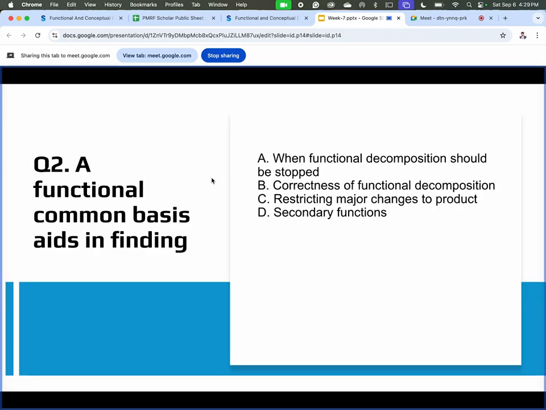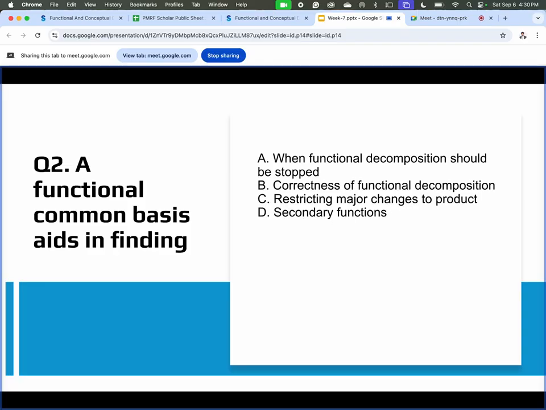Okay, moving to question number two. Question number two is saying that the functional common basis aids in finding when functional decomposition should be stopped, correctness of functional decompositions, restricting major changes to product, or secondary functions.